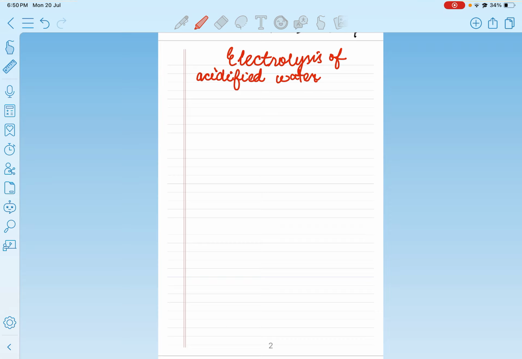Because pure water is a poor conductor of electricity due to the absence of free mobile ions, and by the addition of a few drops of acid, the water ionizes into free mobile ions and becomes a conductor of electricity. That is why we are using platinum electrodes.